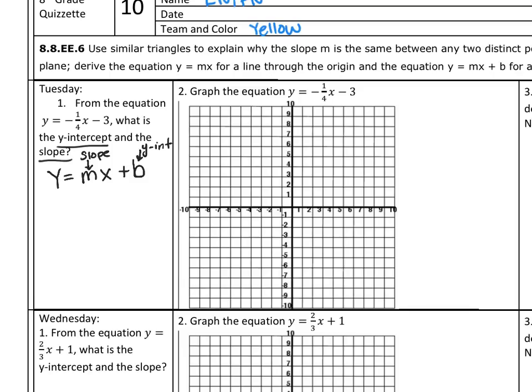Now let's write the equation that they gave us. y equals negative 1/4 x minus 3. We can easily see that our slope is the number right next to x, or the coefficient, which is negative 1/4. That's your slope.